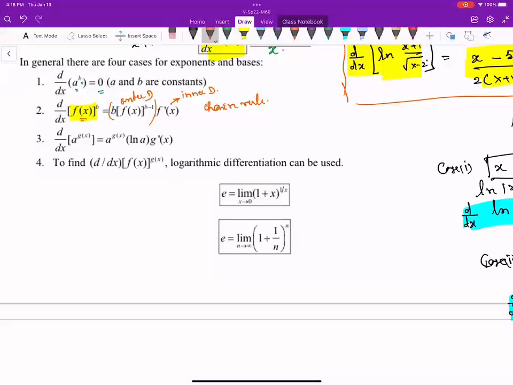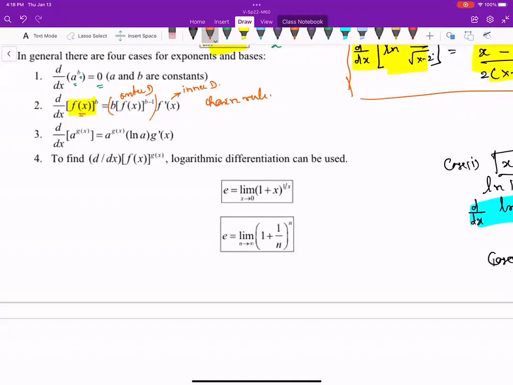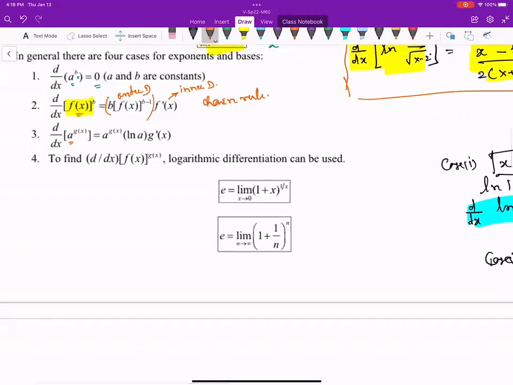The third, d by dx of a to the power g of x. Here notice that a is a number, the base is a constant. So a to the power g of x, if you remember earlier when we did d by dx of a to the x, we said that it is a to the x ln a, right?